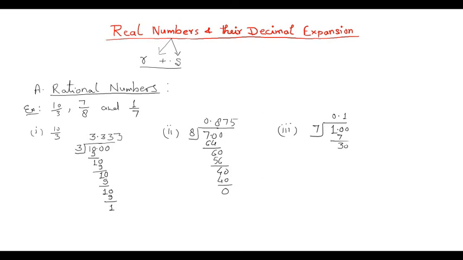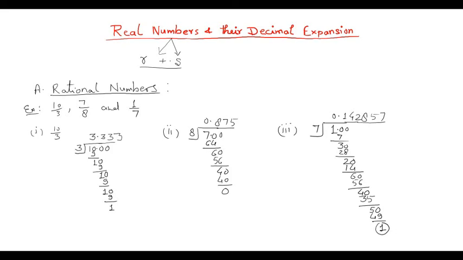Again 7 4s are 28, the remainder is 2. 7 2s are 14, the remainder is 6. 7 8s are 56, the remainder is 4. 7 5s are 35, the remainder is 5. 7 7s are 49, again remainder 1. So here it starts to repeat.